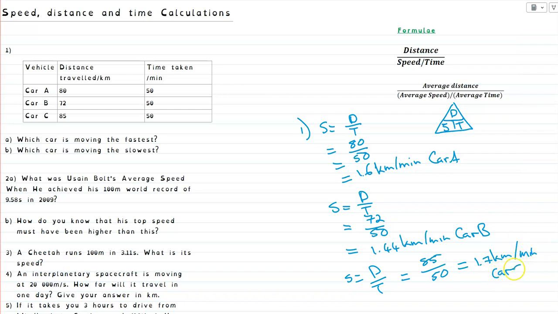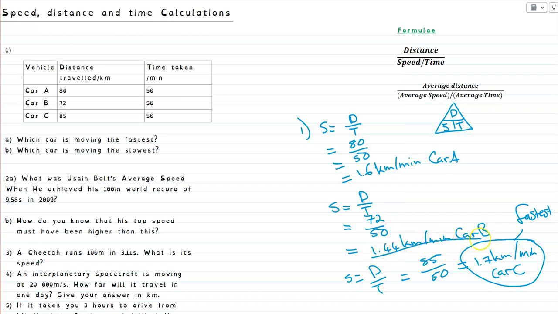And this is car C. Okay, now they're asking us which car is moving the fastest. And then automatically you'll say that car C is the fastest, because the number is bigger than the rest. Now the next one is, which car is moving the slowest?